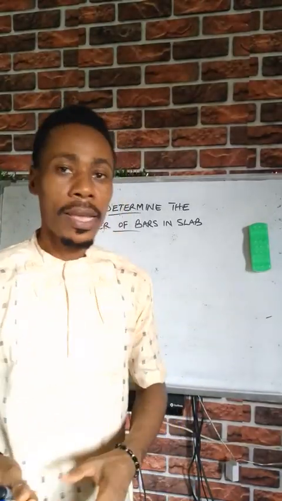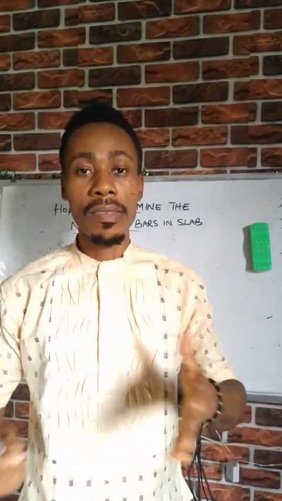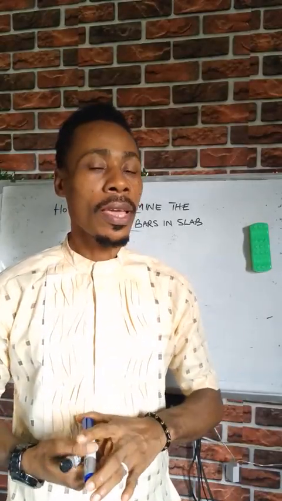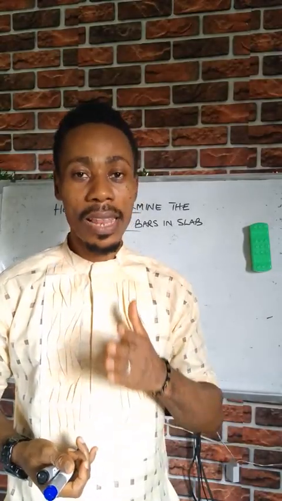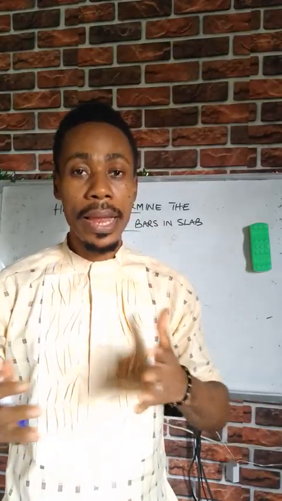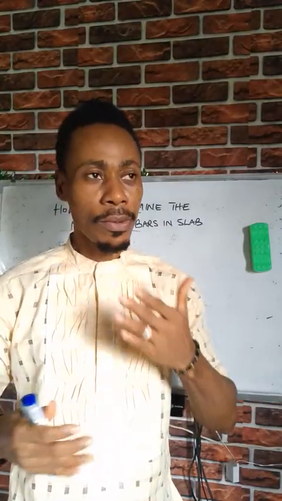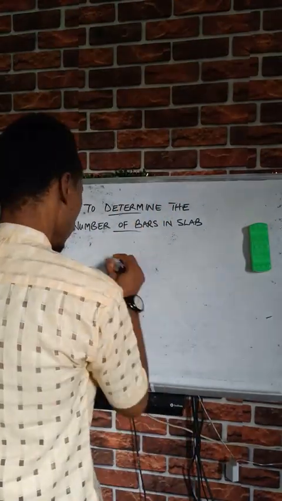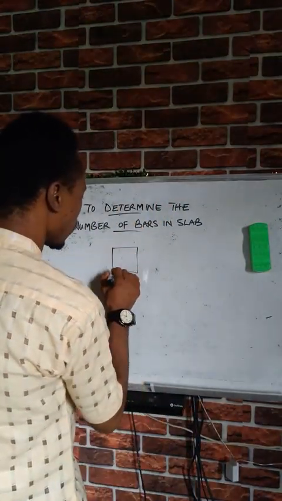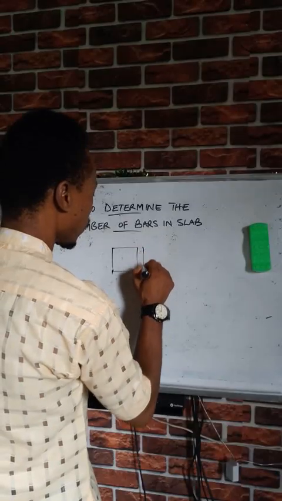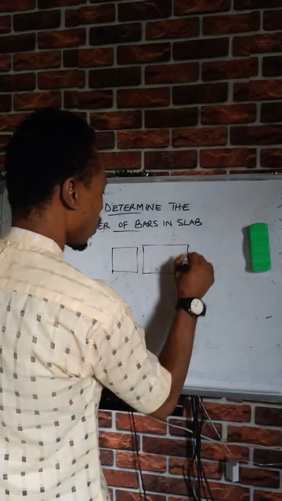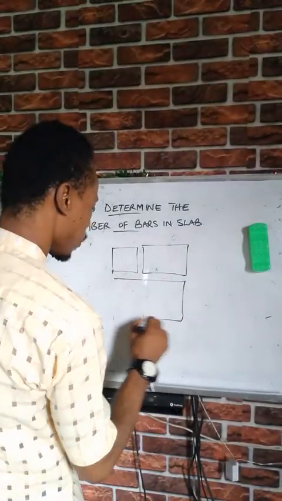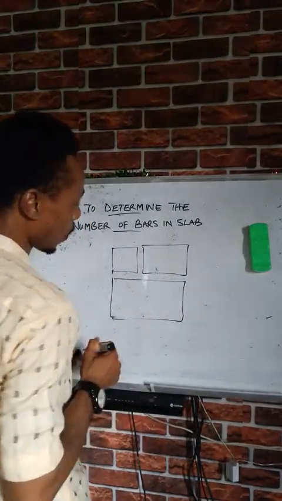Now you know that our slab is made up of reinforcement and concrete. Okay. Now when we design our slab, we consider panels. We have maybe a panel this way, another panel this way, we might have another panel this way.